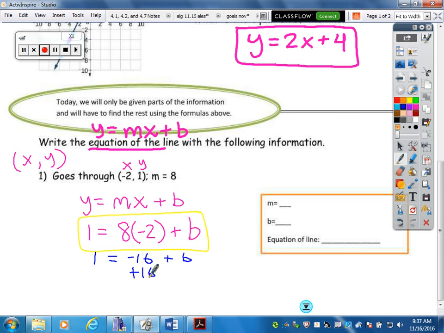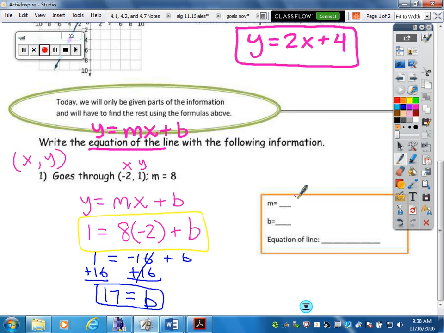I would add 16. And since I did it to this side, I have to do it to this side as well. So add 16 to both sides. That cancels it out. I'm left with b over here, which is great. And over here, 1 plus 16 is 17. So that is not my answer to the entire equation. However, it is my answer to finding what is the y-intercept.